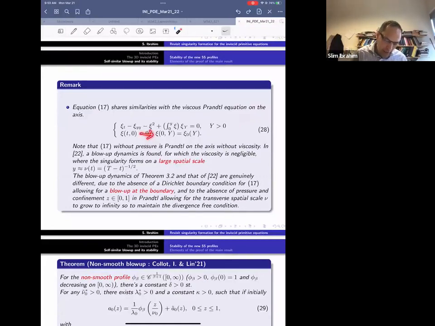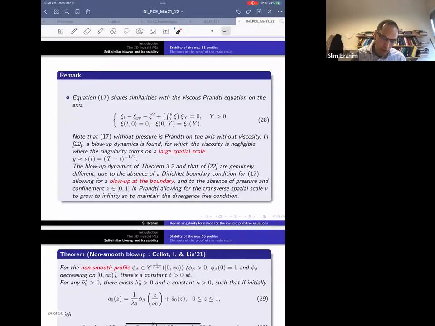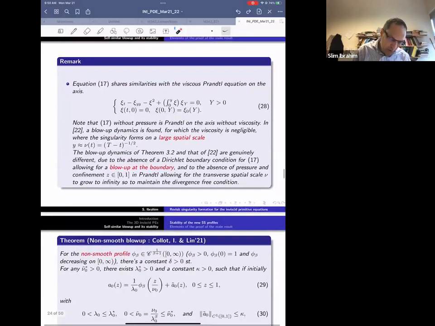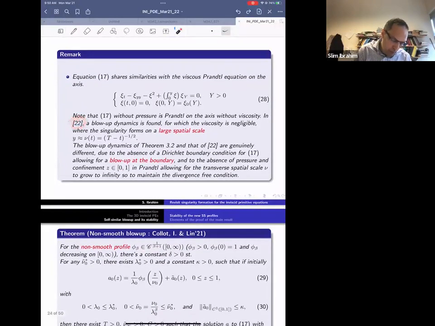The second observation with respect to Prandtl is that because we have the viscosity here, a large scale appears, and we show that in the case of Prandtl, the blow-up happens at infinity. This is the larger scale that arises because of the viscosity. This was a result with Roulet, Collot, and Masmoudi.